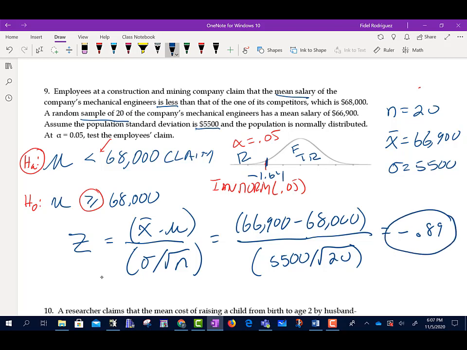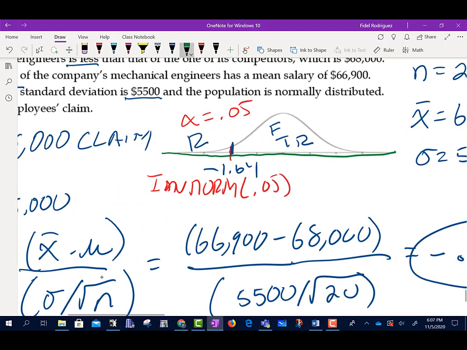Okay. All I'm trying to figure out now is that negative 0.89. Where would that number fall, excuse me, on this number line? Okay. So I know right here in the middle is 0, right?